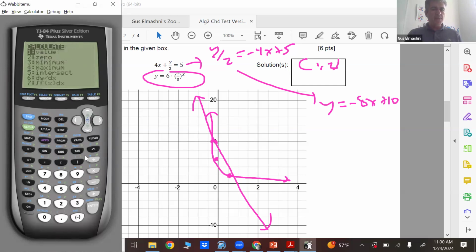If you do it again, second trace option 5, just move close to it. Somewhere over here, I think. Yeah, -1, 18. Which might be hard to show. The graph doesn't show that, but just plot the point. You'll be fine. I was kind of sloppy when I did this.